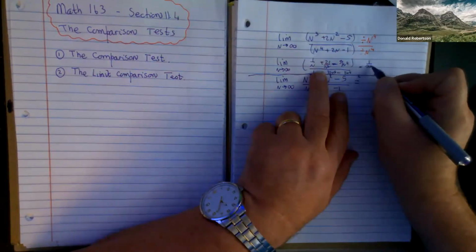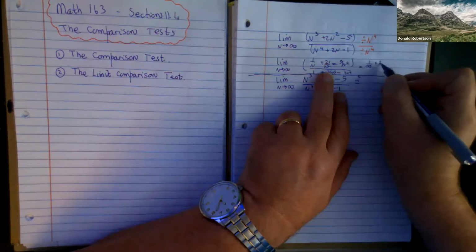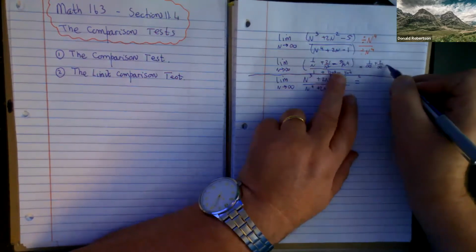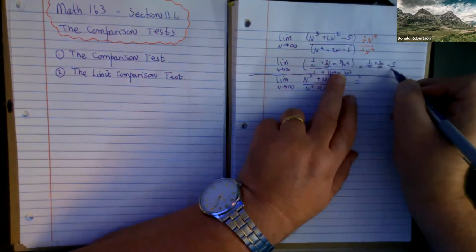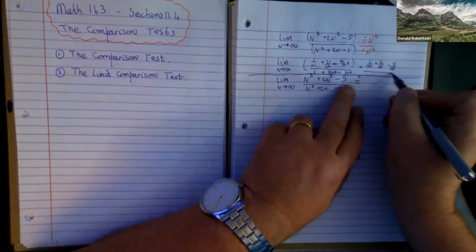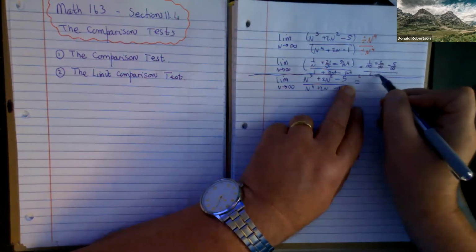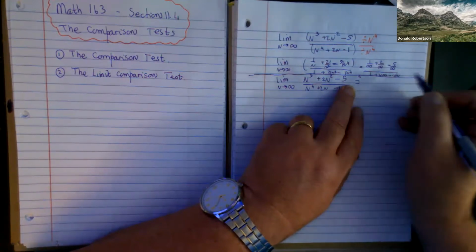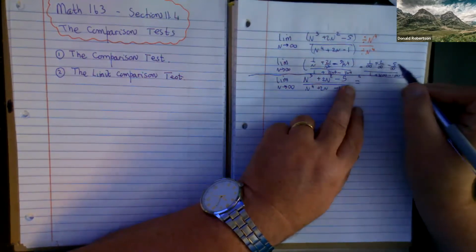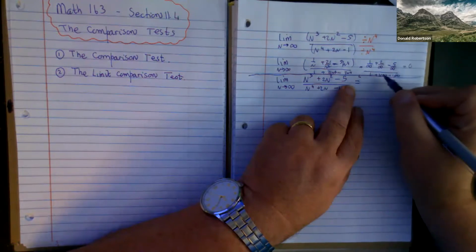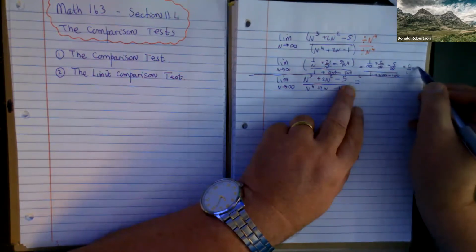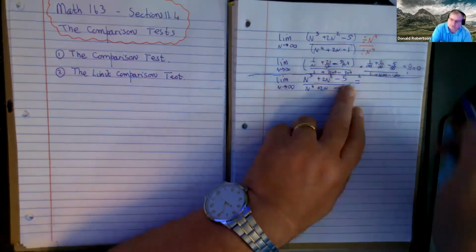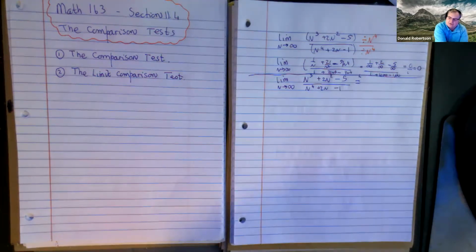So you got 1 over infinity plus 2 over infinity squared, take away 5 over infinity to the 4. And then you have a 1, 2 over infinity, take away 1 over infinity to the 4. 0, 0, 0. 1 plus 0, 0. Answer is 0. So in this case, the limit is 0.